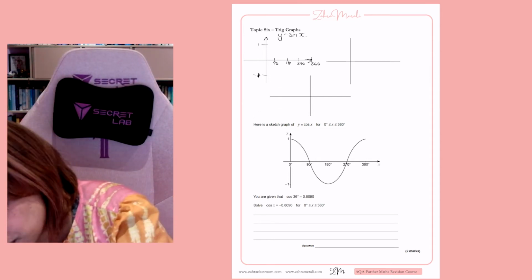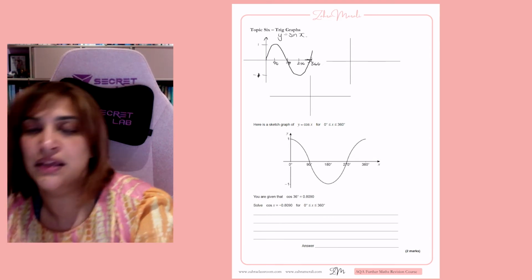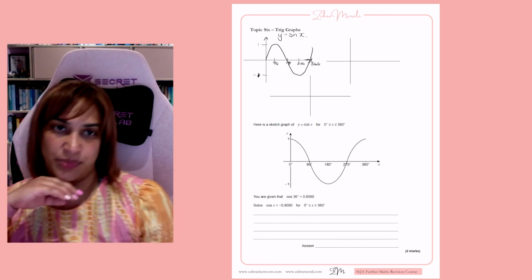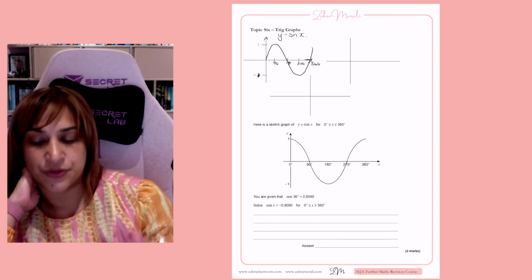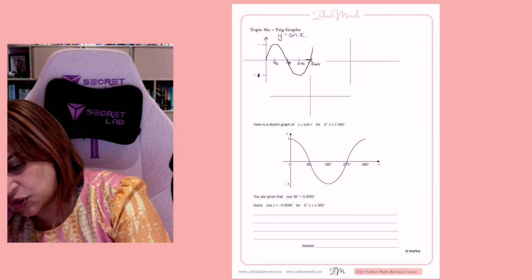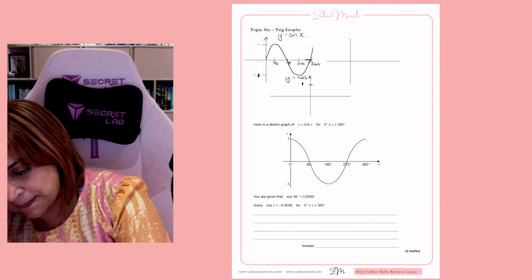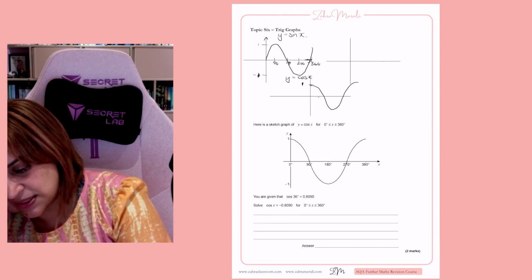So you want to start at 0 and you get like a sideways S shape. So sine, sideways S, right? Y equals cos x starts at 1 and you sort of get a bucket shape. So that's 90, 180, 270, 360.